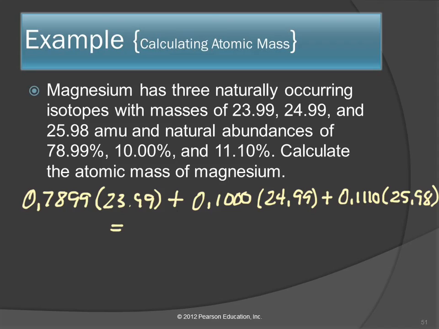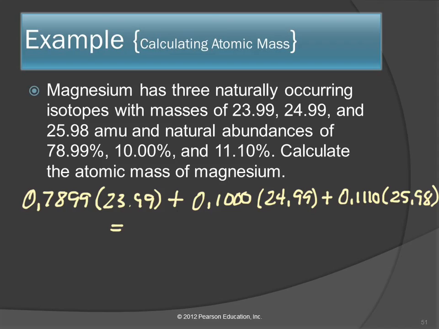Forgot my calculator, so I'm going to have to use my phone. So don't forget your calculator for the exam. 0.7899. And don't round these numbers off. Just use them all, times 23.99 plus 0.1000. Doesn't matter if you enter those zeros in your calculator.